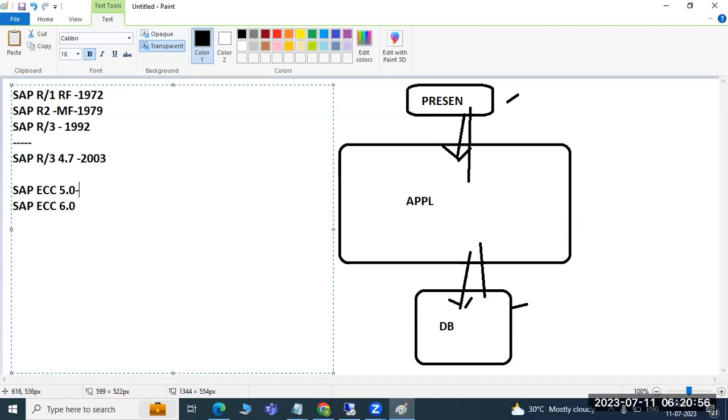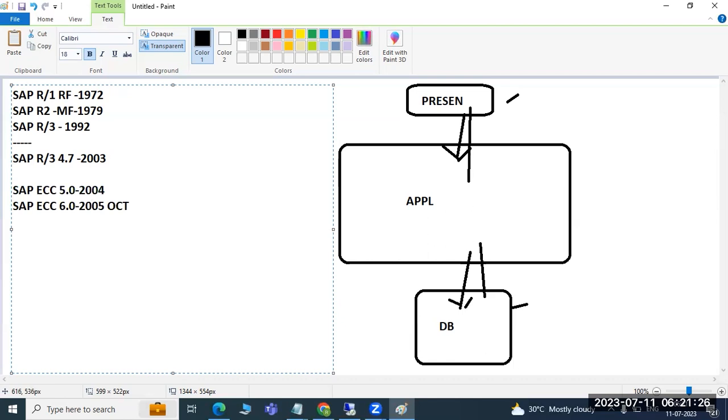From here onwards it is very important to discuss the SAP ERP versions they released in 2004, that ERP. Then SAP ECC 6.0 they released in October 2005.